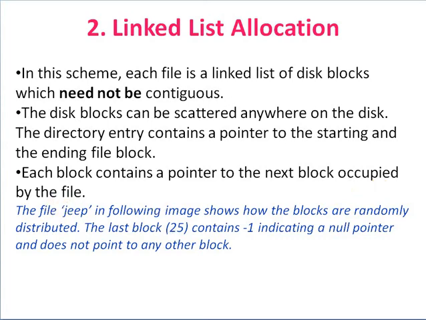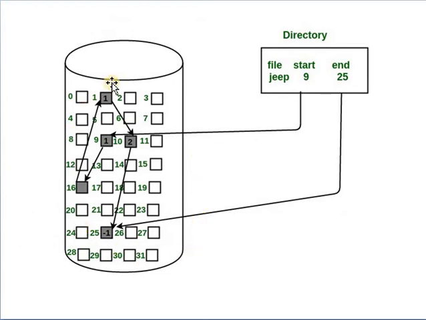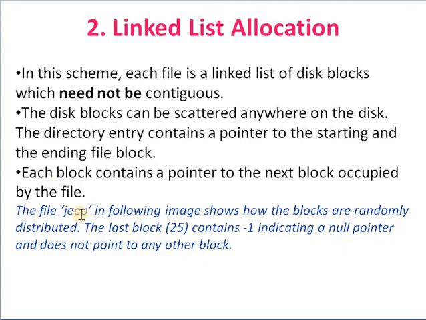Let's see one example of linked list allocation. Suppose there is a file zip, and the following image shows how the blocks are randomly distributed. The last block, 25, contains -1, indicating a null pointer, and does not point to any other block.